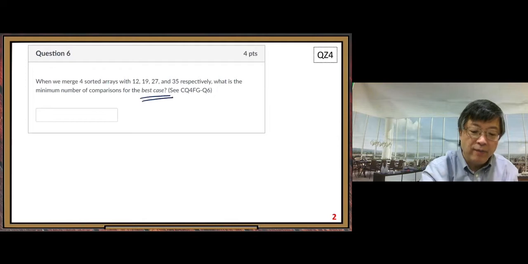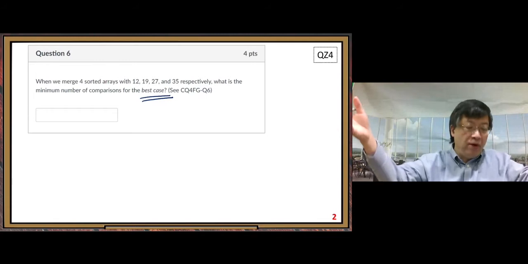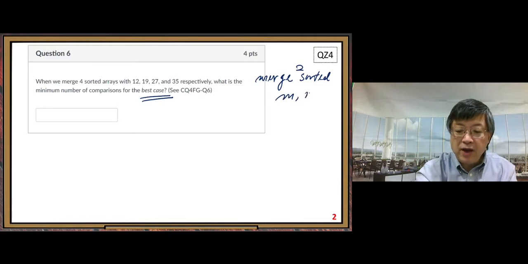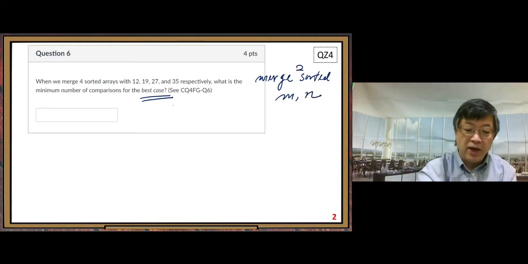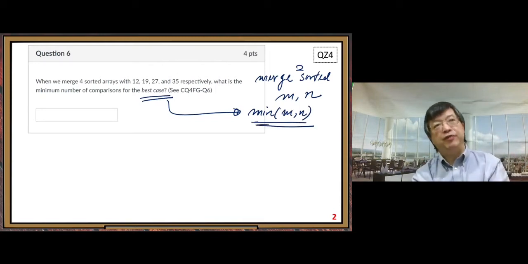The formula we need to use is simple: merging two sorted arrays with number of elements m and n, the best case is the minimum of m and n. That's the formula we need to use.